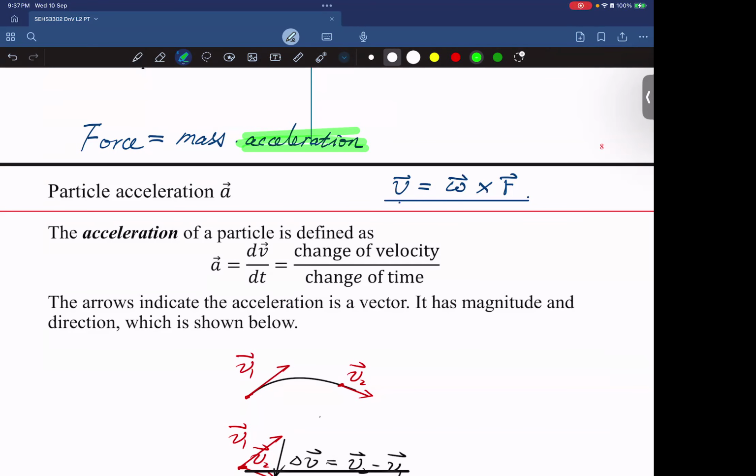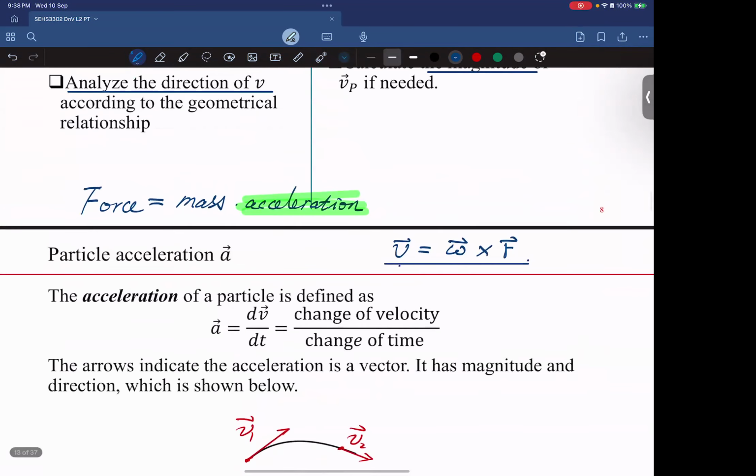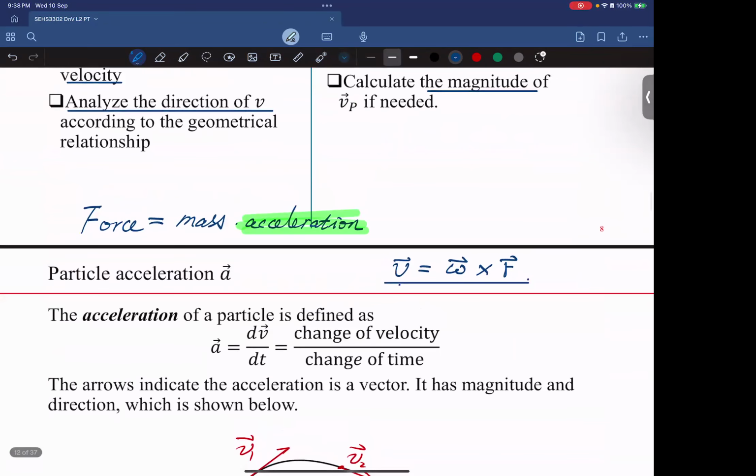So for the acceleration in rotation, we consider two types of acceleration. The first is the angular acceleration, alpha, which equals d omega over dt.